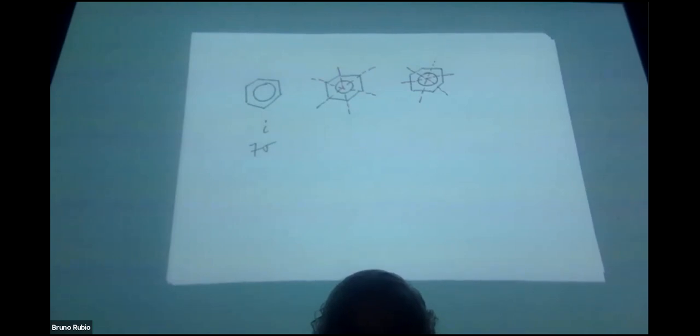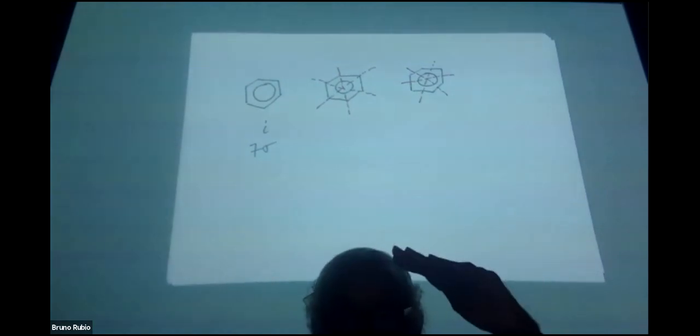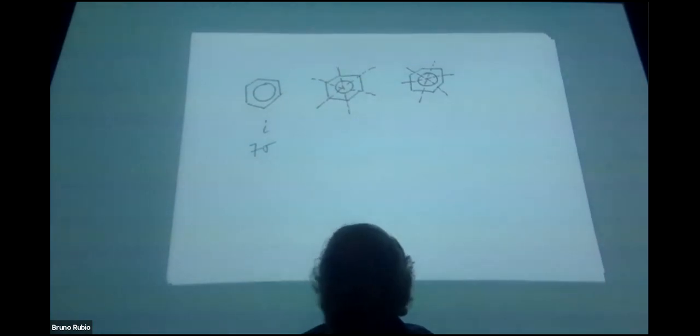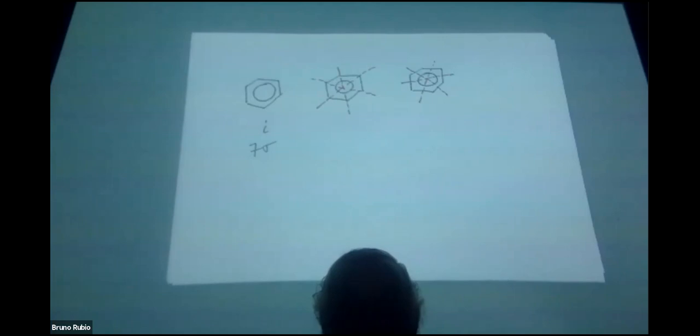The plane of the paper, right? Benzene is flat, sitting on a tabletop. The part of the benzene molecule that is above the tabletop is the reflection of the part of the benzene molecule that would be below the tabletop.